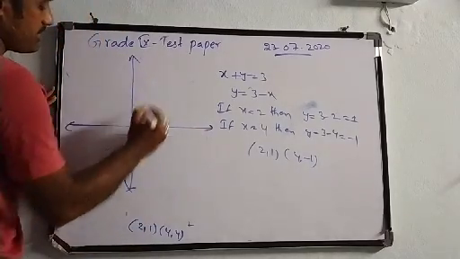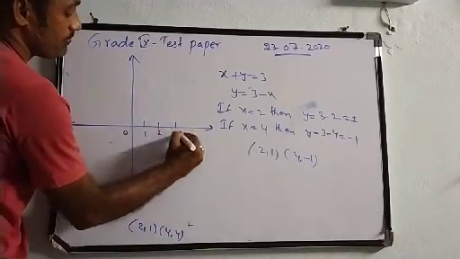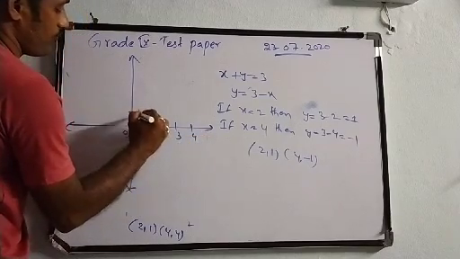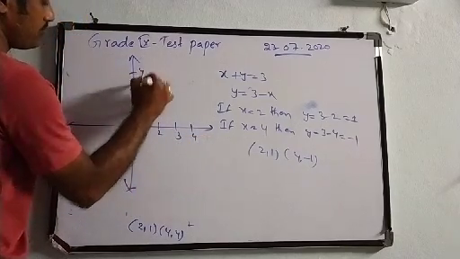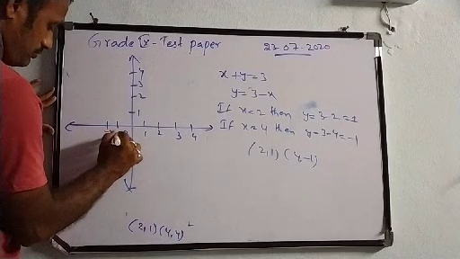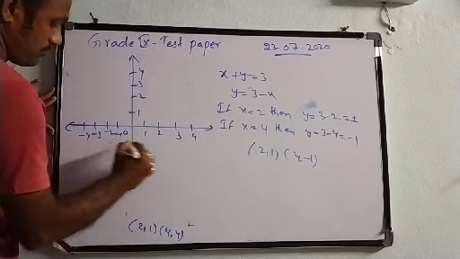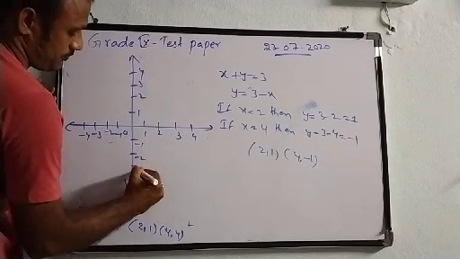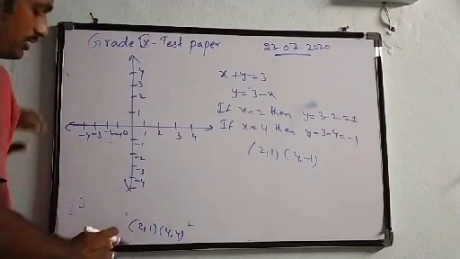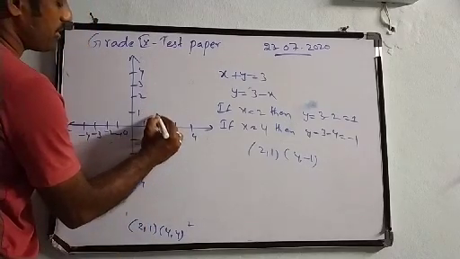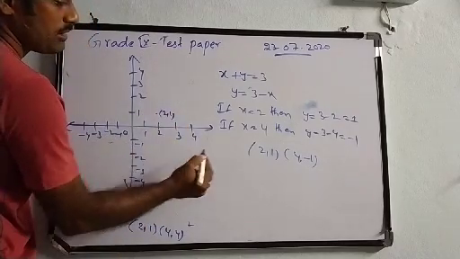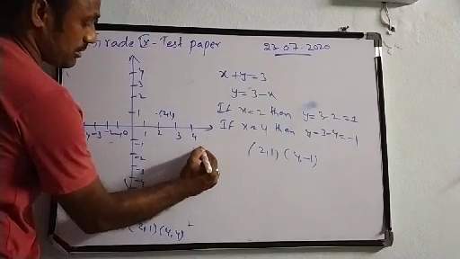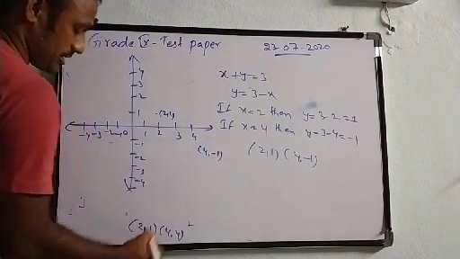X-axis and y-axis. So the first point is 2 comma 1, here is 2 comma 1. Second point 4 comma minus 1. So here will be 4 comma minus 1.